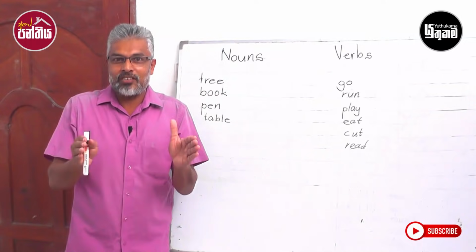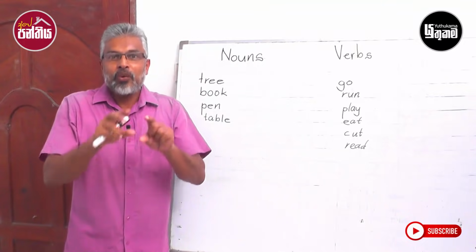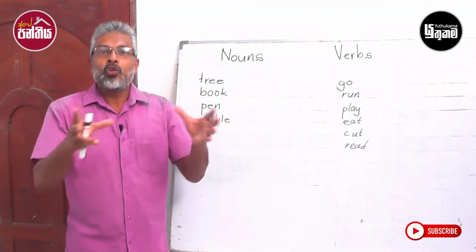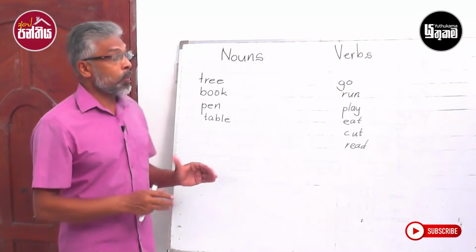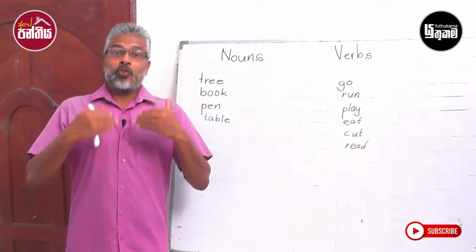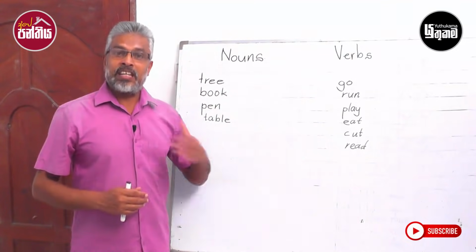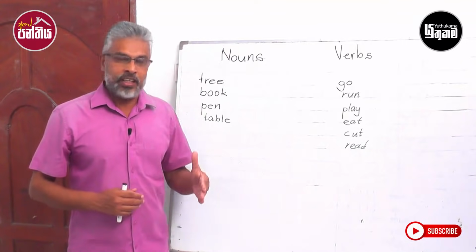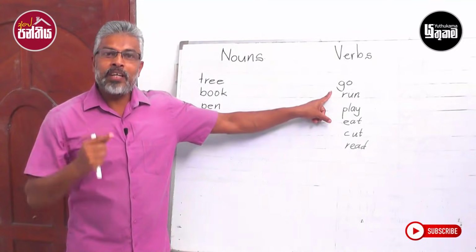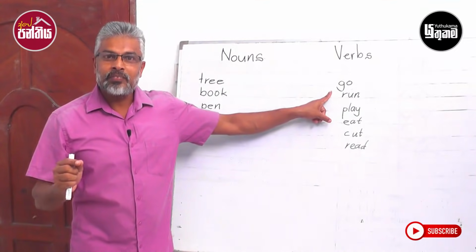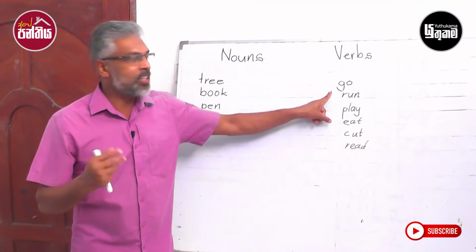So there's a difference. That's where you make lots of mistakes when you write sentences. Let me explain this in the mother tongue, Sinhala. Look at this one: go. You may remember it as yanawa, in the way you speak, your speaking language.